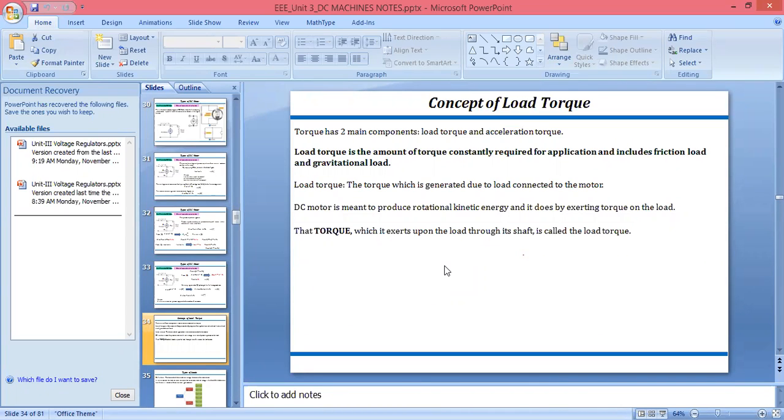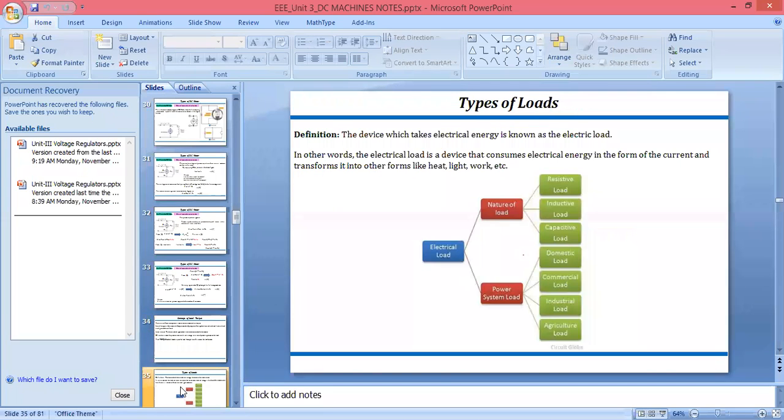Torque has two main concepts, load torque and acceleration. Then we have seen which type of load we are using with the DC motor and the DC generator, because when we use a DC generator, we can connect lots of devices to it.